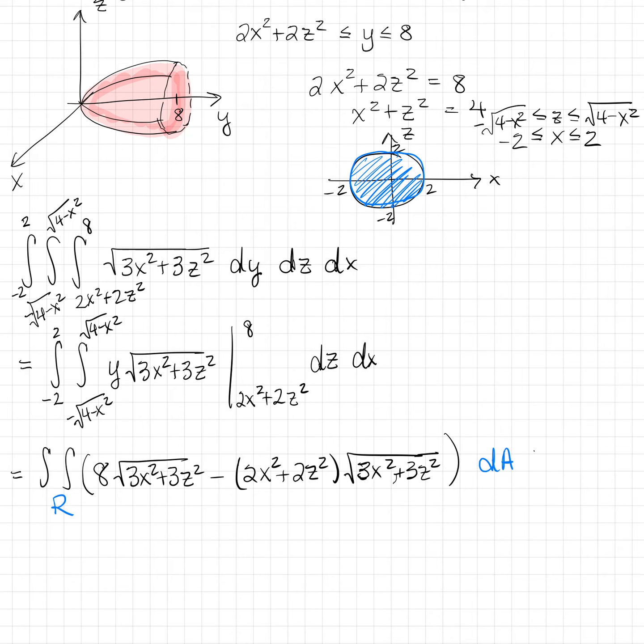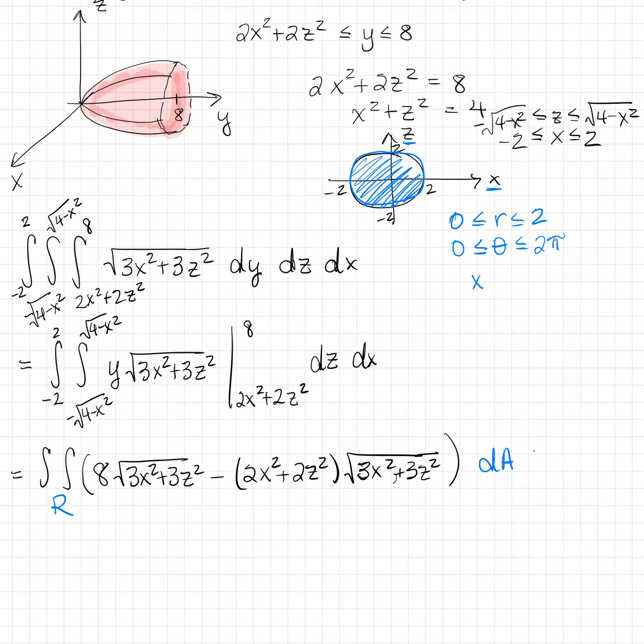So if I switch to polar coordinates here, what are my bounds on r and theta? Well, R is a circle of radius 2, so r goes from 0 to 2. And theta goes from 0 to 2 pi. All right, and this works out nicely for me because here I'm in the xz axis.